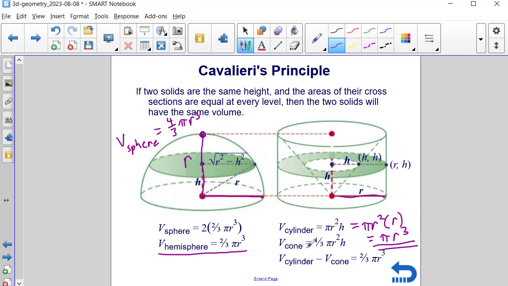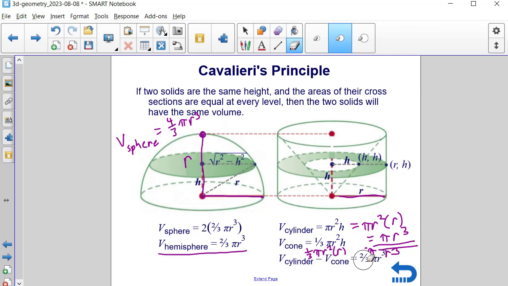So that's going to be 1/3 times pi times the radius squared times another radius, because remember, the radius and the height of the cylinder and cone are equivalent. So we end up getting 1/3 times pi times the radius cubed.